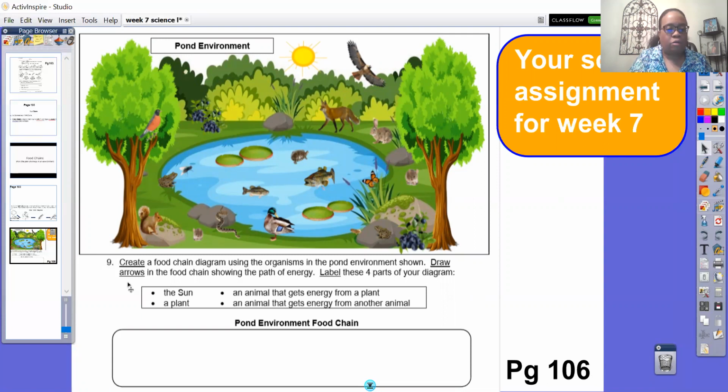Draw your arrows in the food chain showing the path of energy, and you have to label these 4 parts of the diagram. Make sure you have the sun, the plant, an animal that gets energy from a plant, and also an animal that gets energy from another animal.